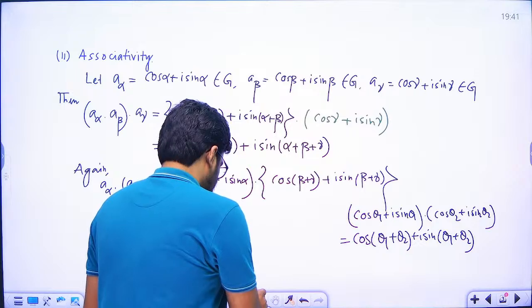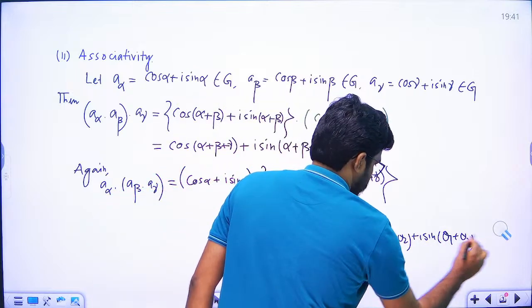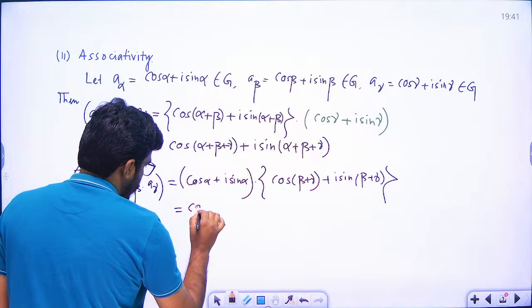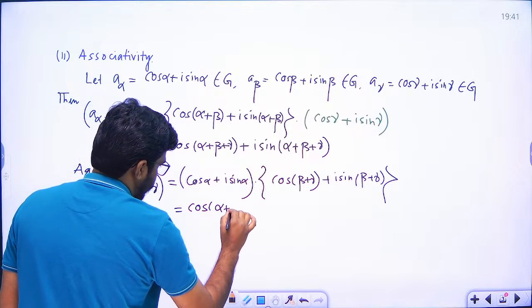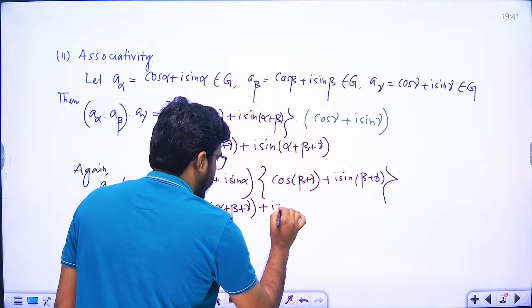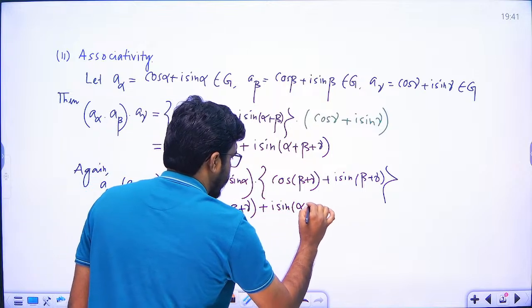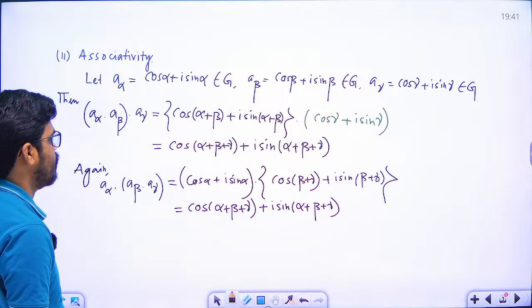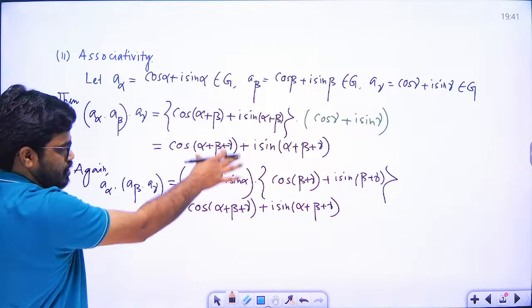Okay, so what we get is cos alpha plus beta plus gamma plus I sin alpha plus beta plus gamma, right? Just see, these are the same.